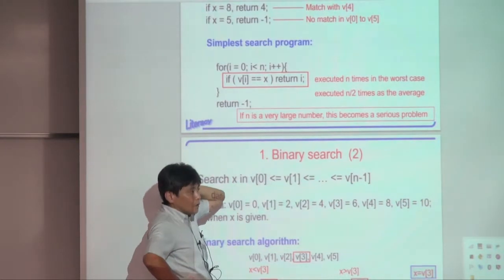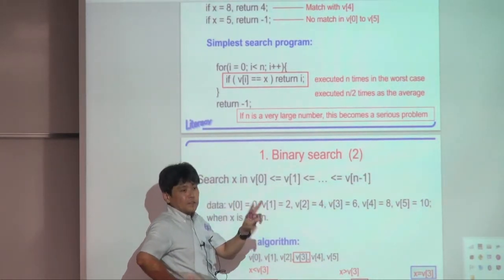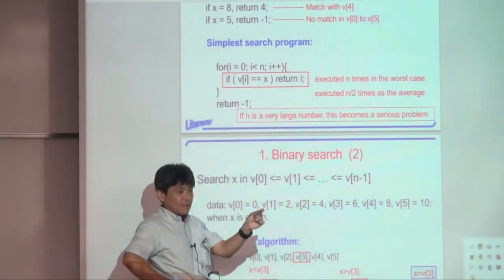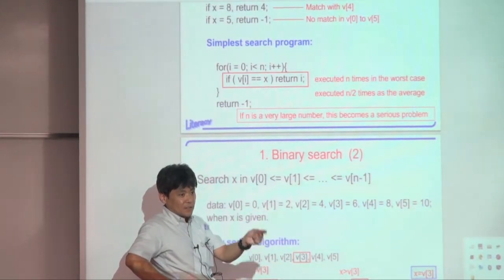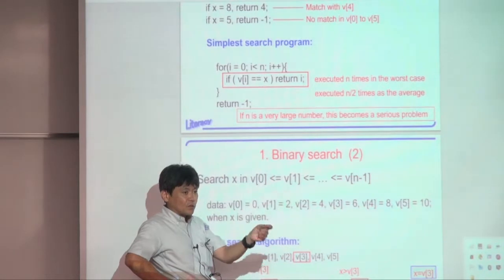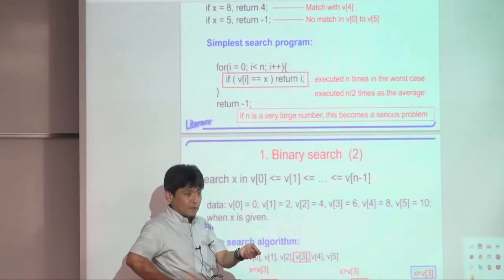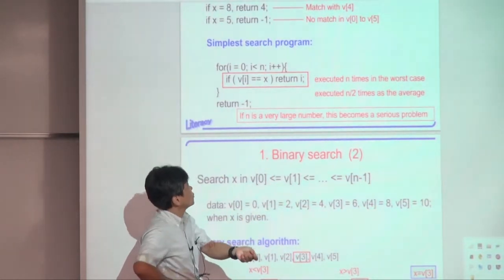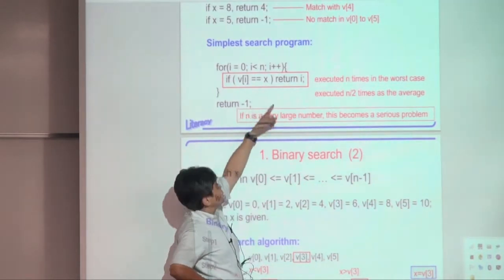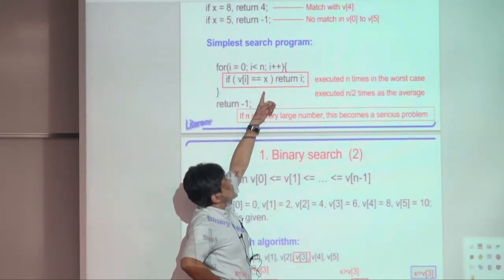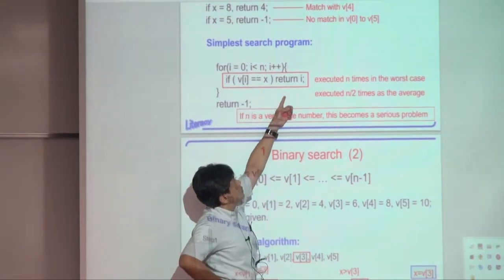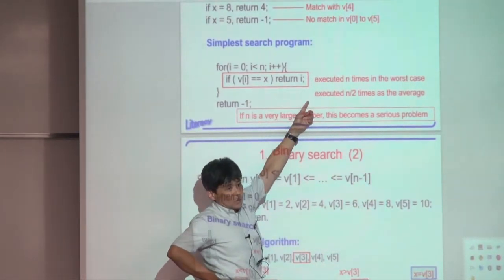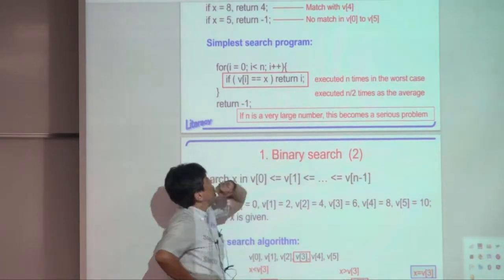So maybe you already made such a very simple program. If you have n data, you can check the n data one by one, whether each data is equal to the specified input data or not. If you find the matching data, the program returns the position in the array.